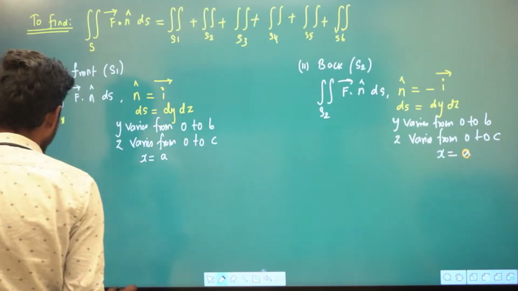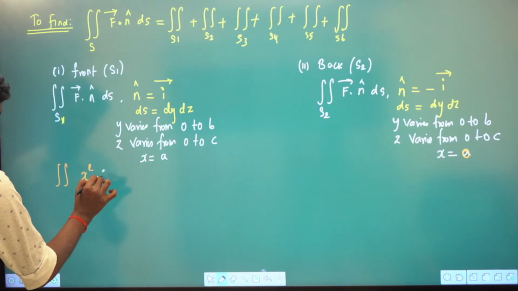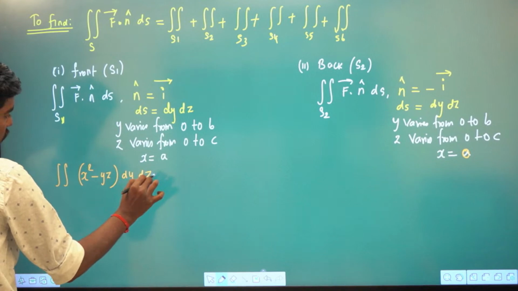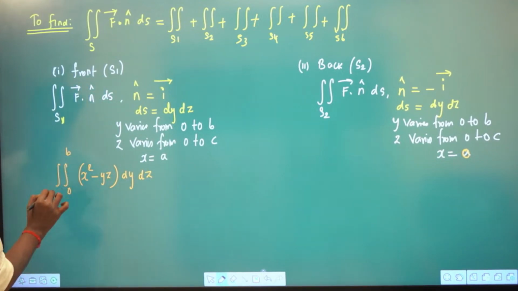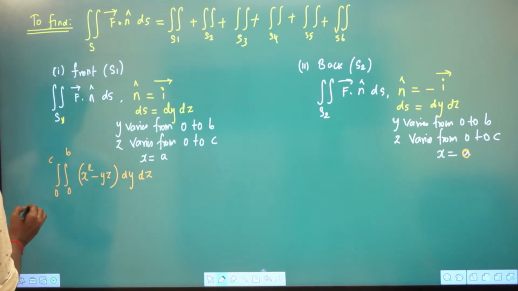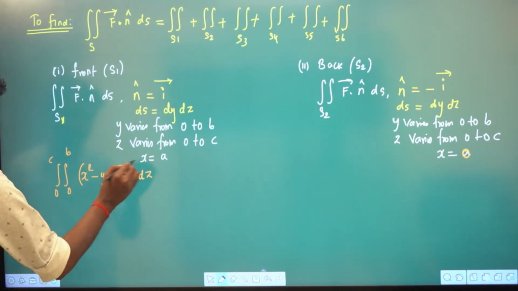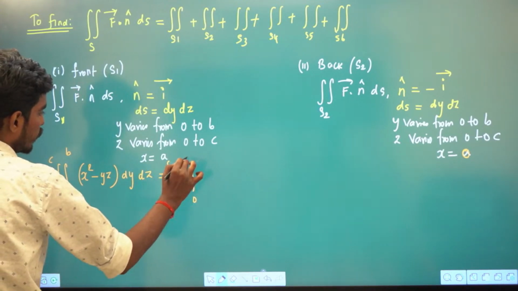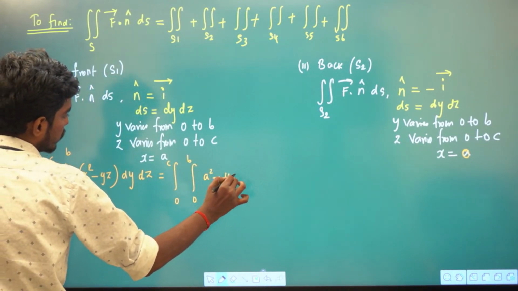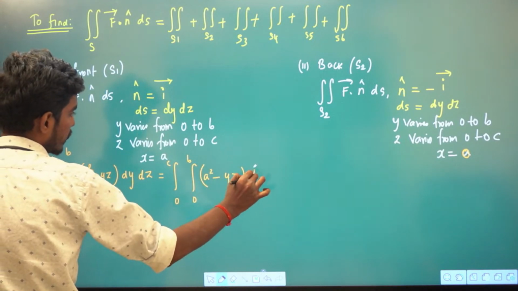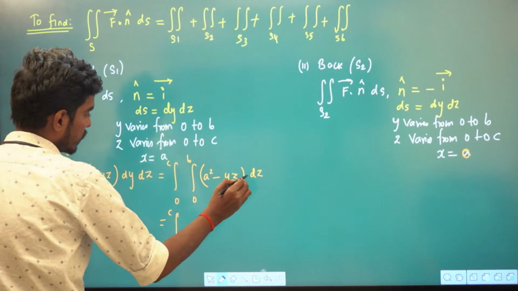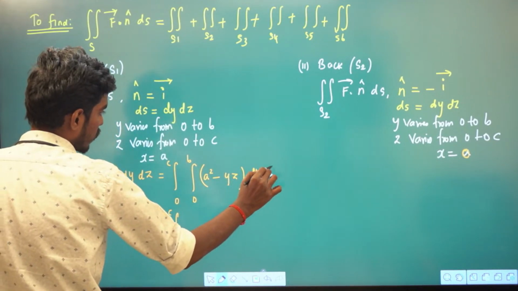This will be the f vector dot n cap, and dS is dy dz, and y varies from 0 to b, z varies from 0 to c. This is the S1 surface, right? Now x is a here. So integral from 0 to c, 0 to b, of a square minus yz dy dz. Integrate with respect to y.